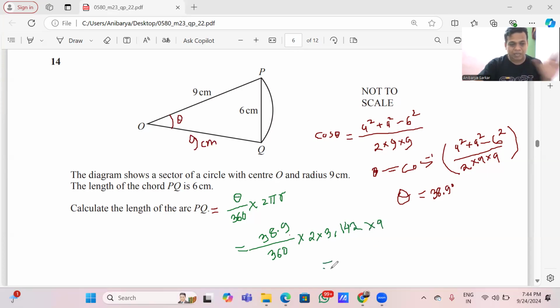Now multiply and divide, and the result is 6.11 centimeters. You can use your calculator to find the value. So the length of the arc PQ is 6.11 centimeters. Okay, we'll move to the next sum.